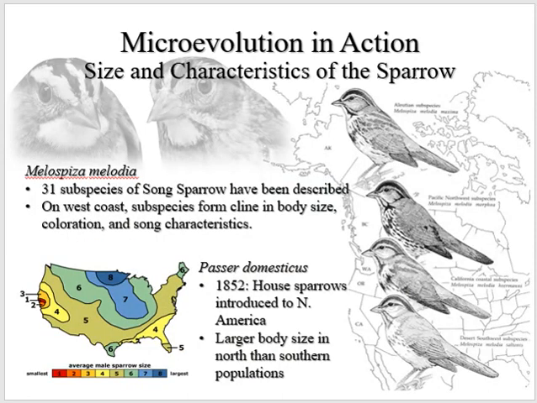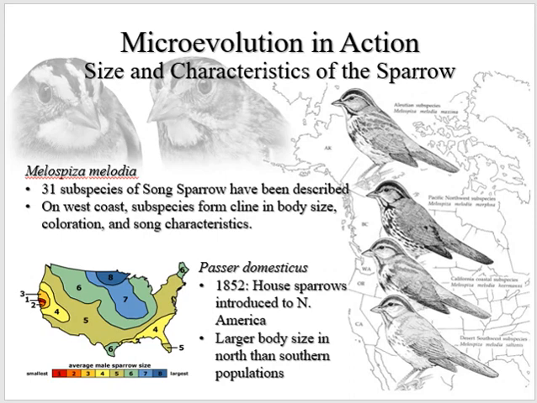Another example of microevolution in action is with our sparrows. House sparrows were originally introduced to North America back in 1852. And since that time, these sparrows have gone on to evolve different characteristics in different locations.